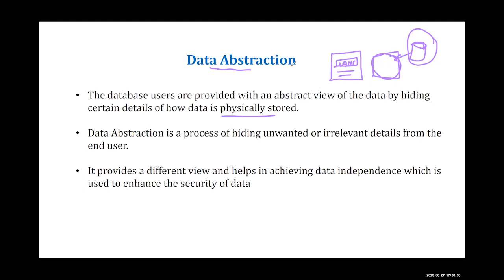So that is where data abstraction comes into the picture. It provides a different view and helps in achieving data independence, which is used to enhance the security of data. So this is very important, data independence. We are going to see now how it is achieved. Okay, so this is the one which provides us security of data. So this is about data abstraction, definition and an introduction.